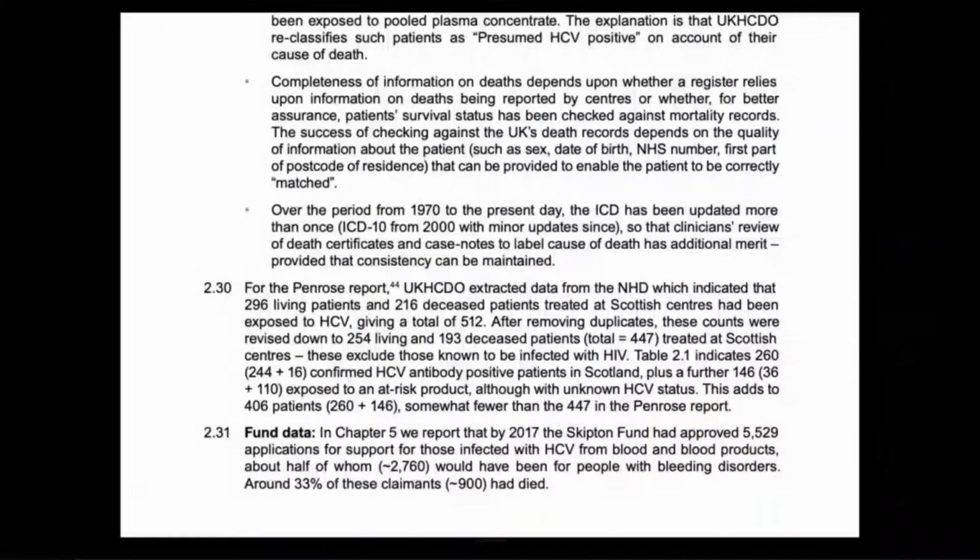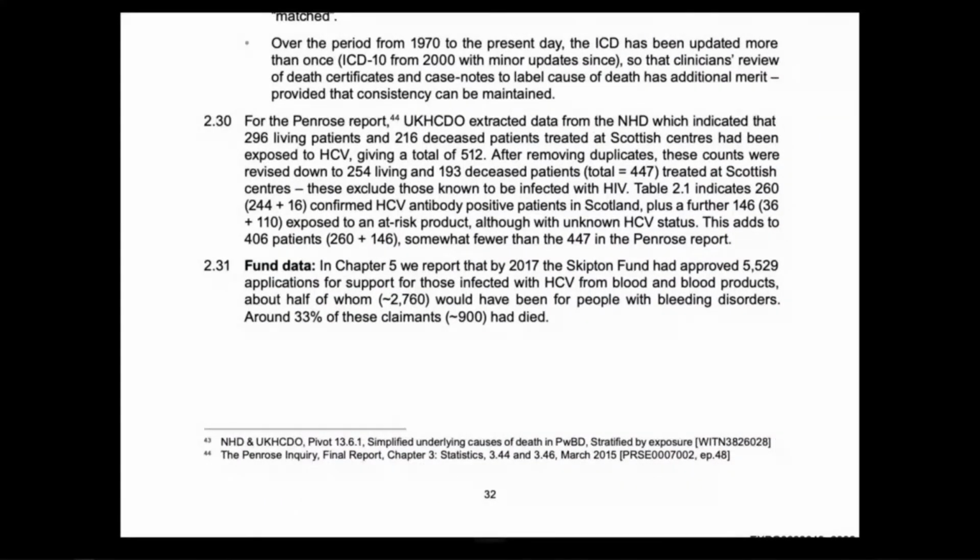It's just the point at paragraph 230 in relation to Penrose. There's a difference in the figures as you've calculated them from those that are set out in the Penrose report in relation to this cohort of patients. Are you able to assist us in understanding how that might have arisen, or why that might be the case?